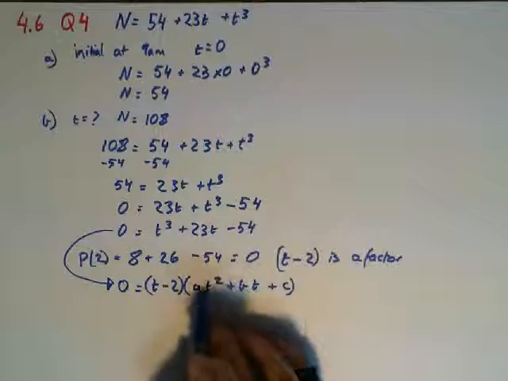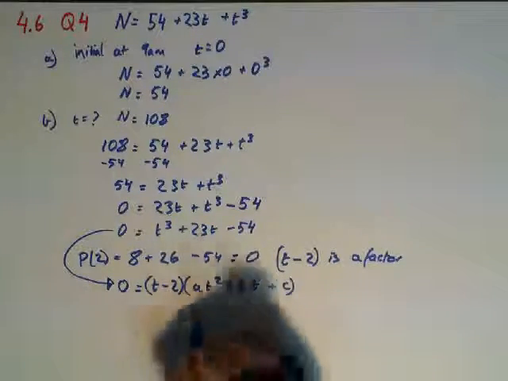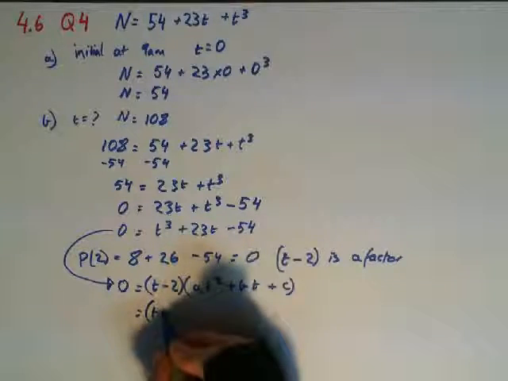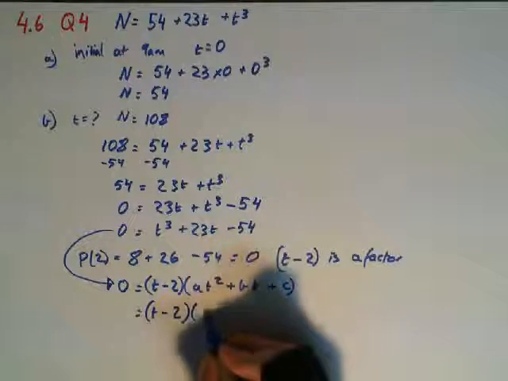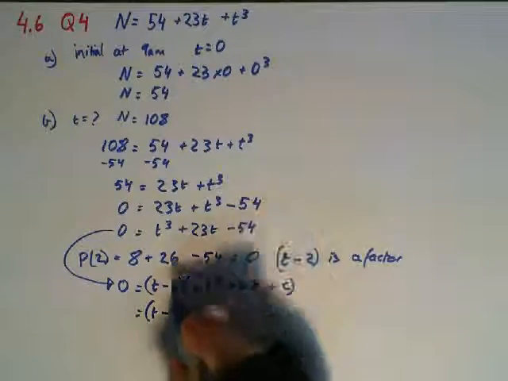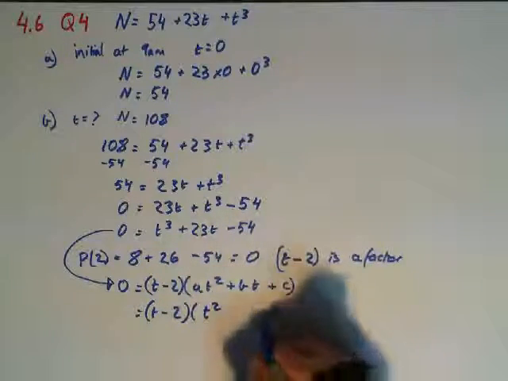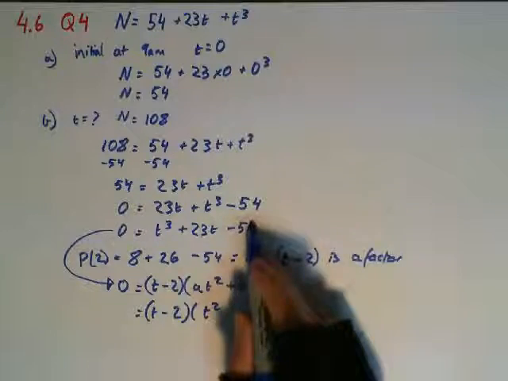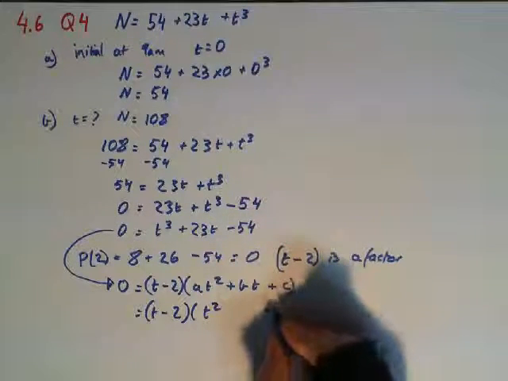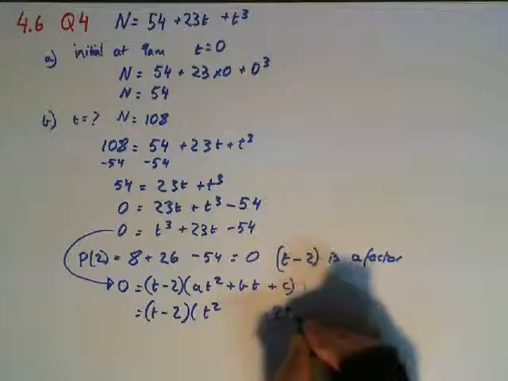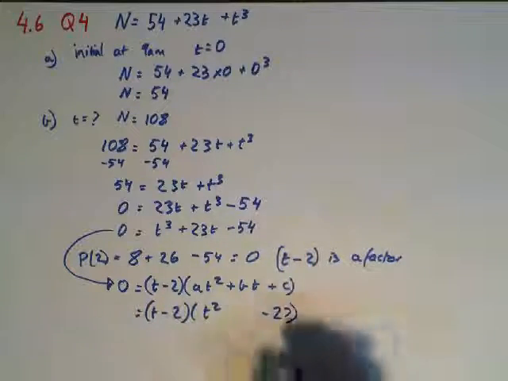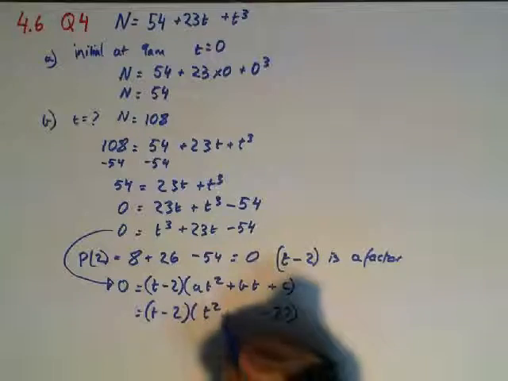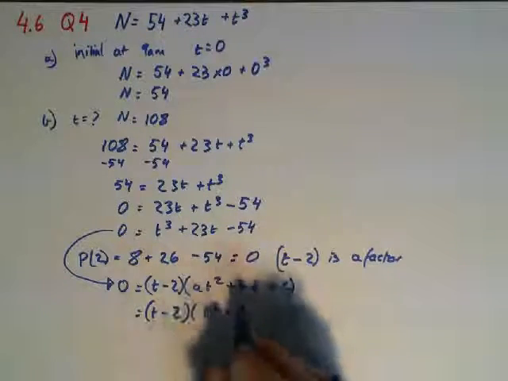Now our cubic term, a has to be 1, t take 2, so t squared. c has to be twice that, so minus 2 times what gives me minus 54, well that's just going to be 27. Now this middle term, bt, I think we'll find is actually 0.